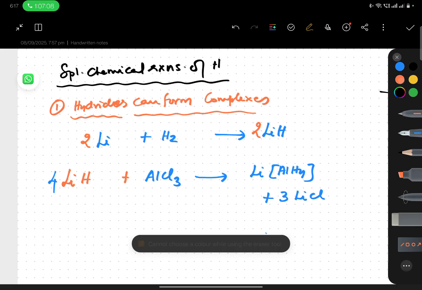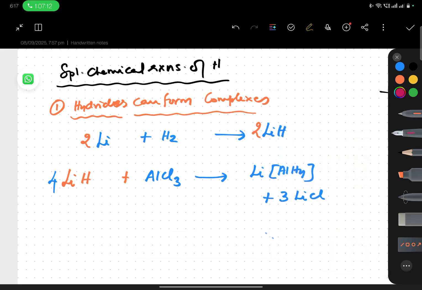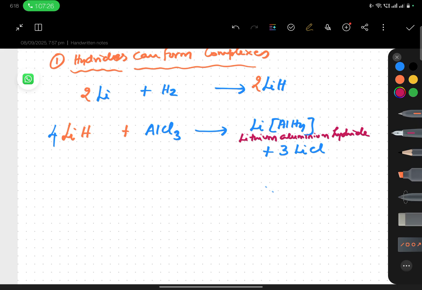So what is the name of this molecule? Lithium aluminium hydride. Similarly, you take sodium hydride and treat it with trimethoxyborane.